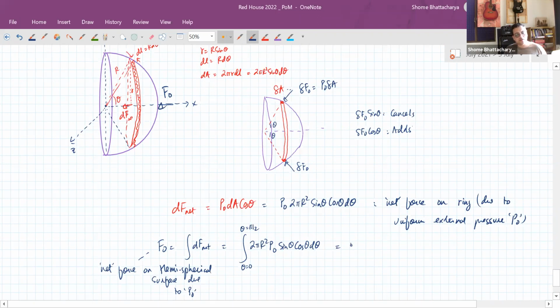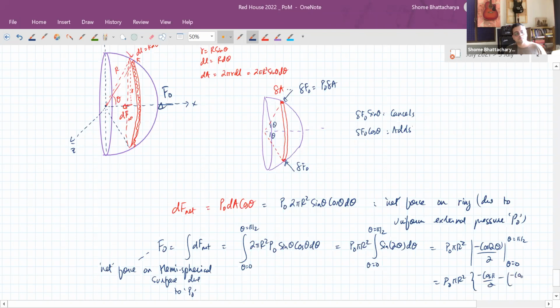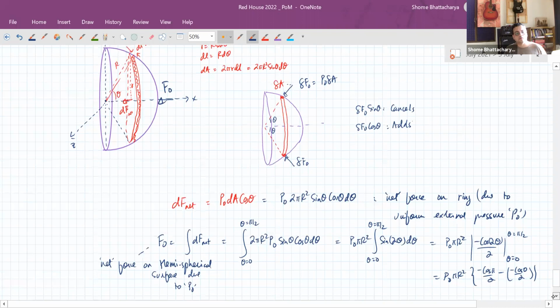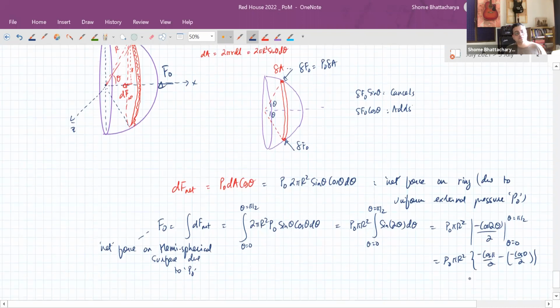Okay, you can just take this as P naught into pi r square sine 2 theta d theta, or you can use a substitution also. That becomes P naught into pi r square.